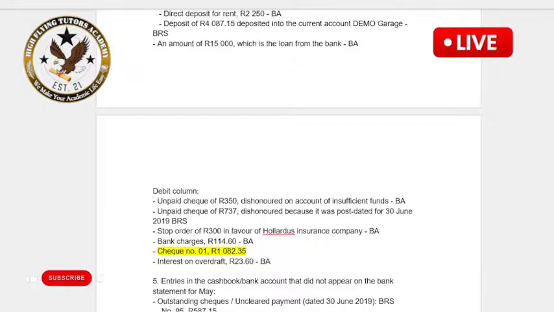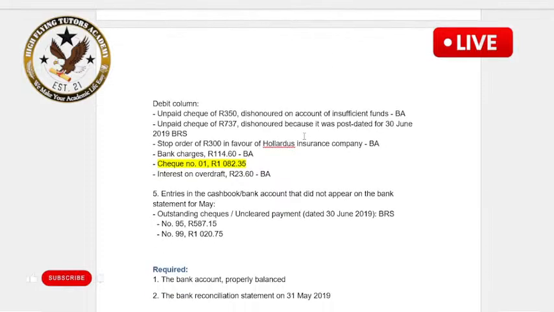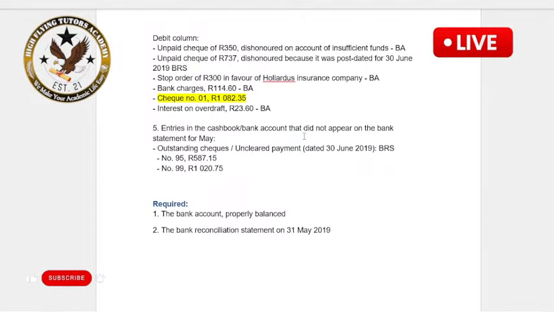So let's go to the next question that affects our BRS. The next question that affects our BRS is the one for uncleared payments or uncleared checks. So we've got 2 checks there.